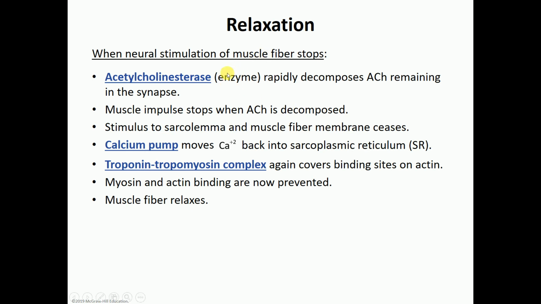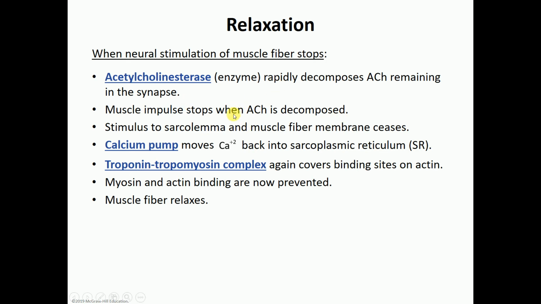But there's an enzyme as well, and we already talked about that, the acetylcholinesterase enzyme, and we mentioned that in certain diseases like myasthenia gravis, we can give drugs that would inhibit the activity of that enzyme, to increase the amount of acetylcholine found in the synaptic cleft. When acetylcholinesterase breaks down acetylcholine into its two components, acetyl and choline, the muscle impulse will stop.